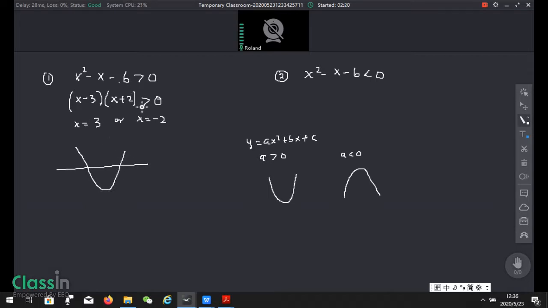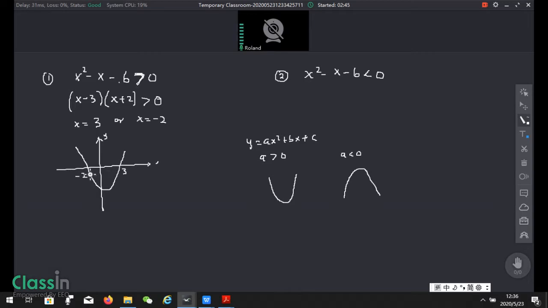And this is when the function is 0 on the x-axis. So we've got negative 2 and 3. So which part of the curve is positive? Because this expression must be positive. Of course, all the portion of the curve above the x-axis is positive.